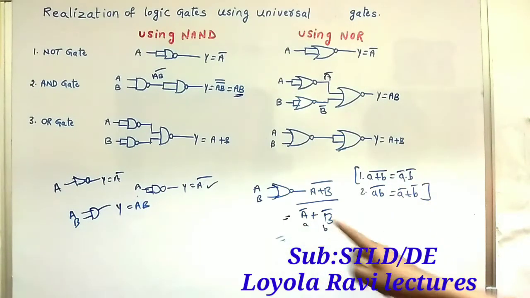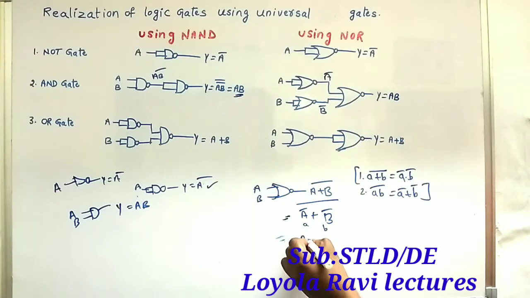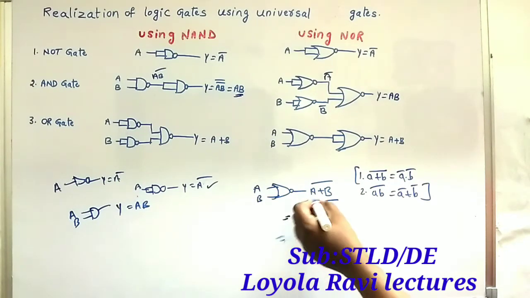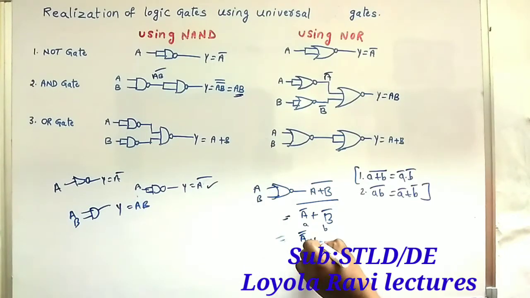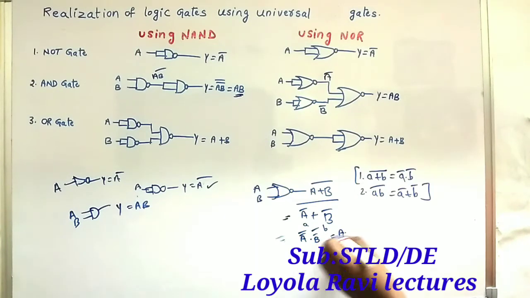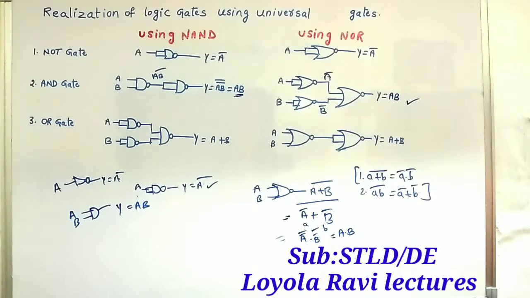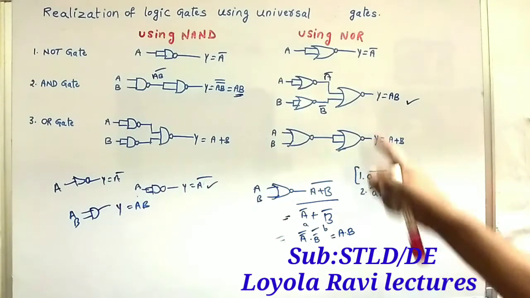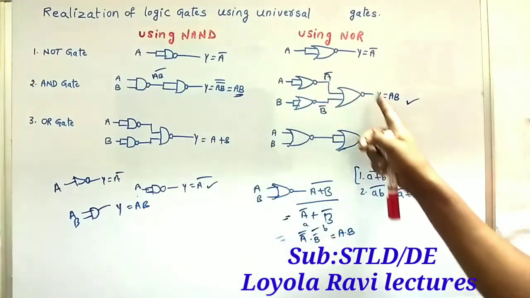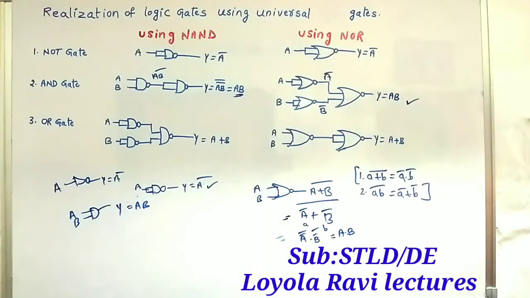A bar is nothing but A bar whole bar, and in place of B we have B bar whole bar. A bar whole bar is A, B bar whole bar is B, so AB. So by using 3 NOR gates, we are going to implement the AND gate. That is the implementation of AND gate using NOR gate.